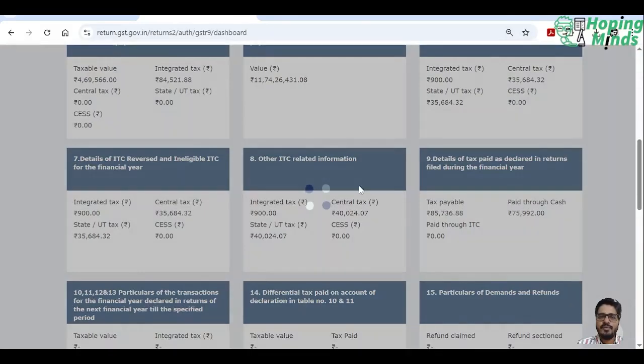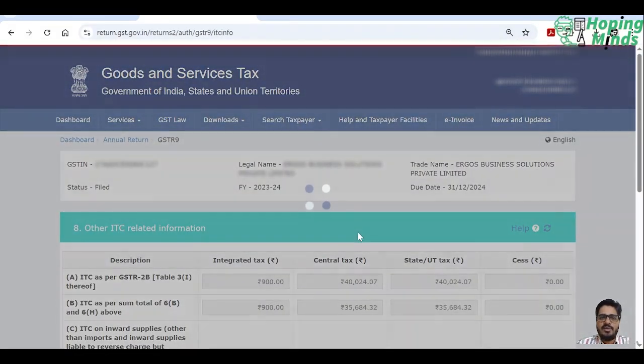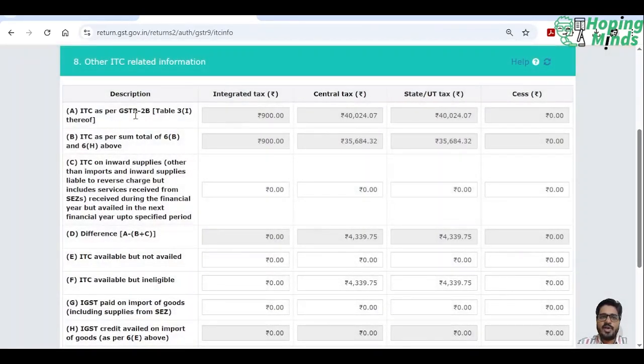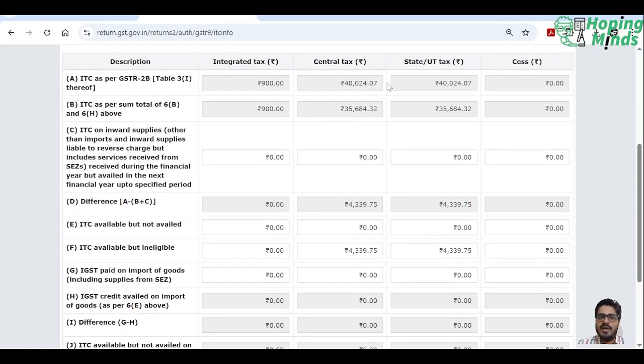Then we have to declare other ITC related information like ITC as per 2B, this data will be auto populated from GSTR 2B. ITC as per sum total of 6B, that is, this pertains to the previous table. So there is a difference of 4339.75 between the data that has been populated from GSTR 2B and that has been disclosed in GSTR 3B by the taxpayer.